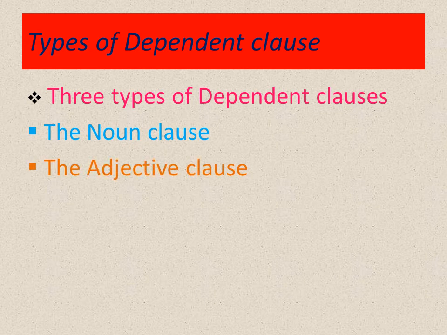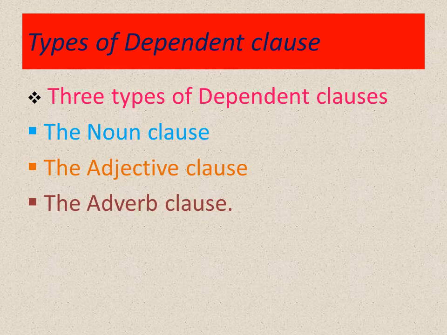The second one, the adjective clause. The third one, the adverb clause. Students, how many types of dependent clauses are there? Three: the noun clause, the adjective clause, and the adverb clause. Now we will see the noun clause in detail.